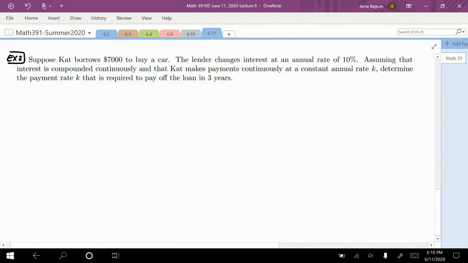Assuming that the interest is compounded continuously and that Kat makes payments continuously at a constant annual rate K, determine the payment rate K that is required to pay off the loan in 3 years. I'll give you a few seconds. Think about how you would process this question, which formula you're going to use, and what is given to you.